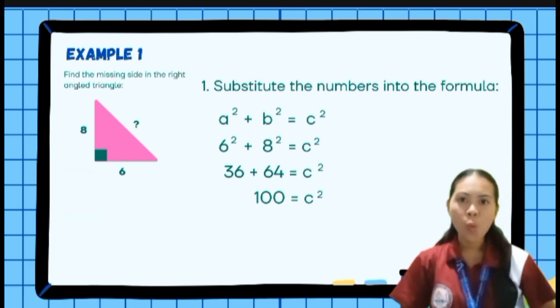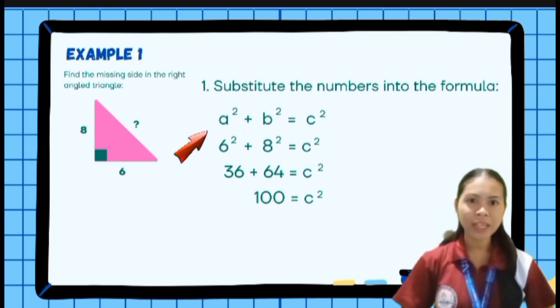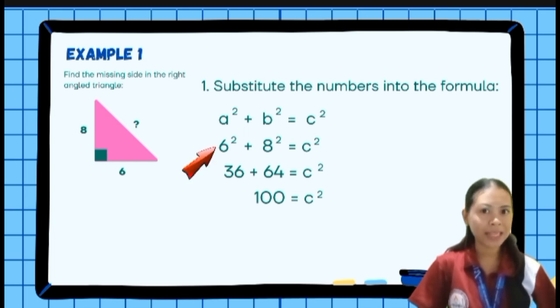So, we have to apply the formula a squared plus b squared is equal to c squared. In our example, a is equal to 6 and b is equal to 8. Let's substitute the values into the formula. It is written as 6 squared plus 8 squared is equal to c squared.